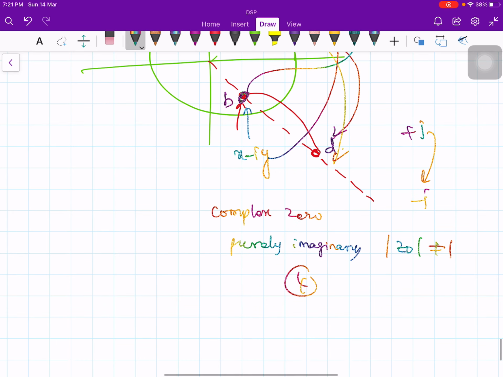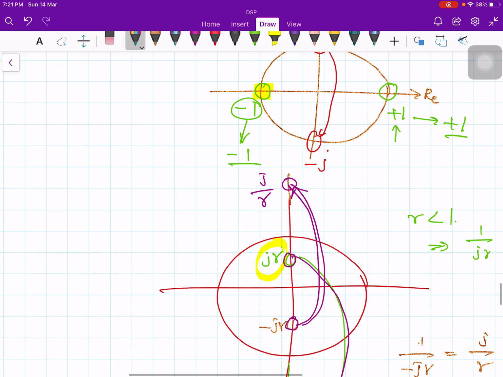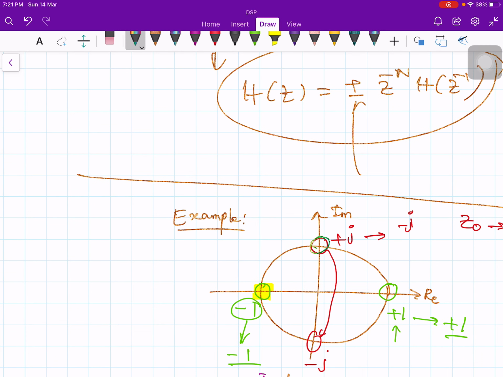If the zeros occur on the unit circle, they occur in pairs and they do not reflect in its special property of linear phase. If you look at this second example, this is 1 0 and this is 1 0, so they are in pair, because if plus j is there, definitely minus j will be there.